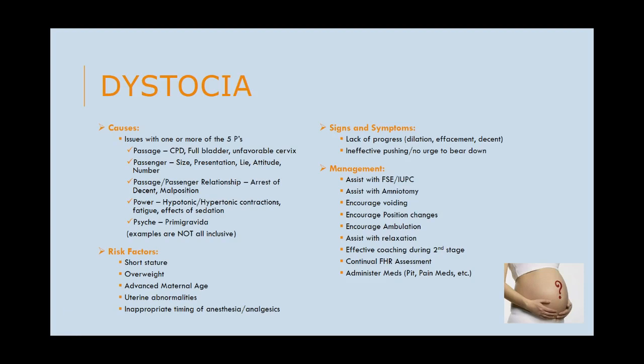So if we start someone on a Pitocin drip and we have an intrauterine pressure catheter in place, it allows us to more closely manage our pit drip in order to make those contractions effective and powerful enough so that we can overcome that dystocia.